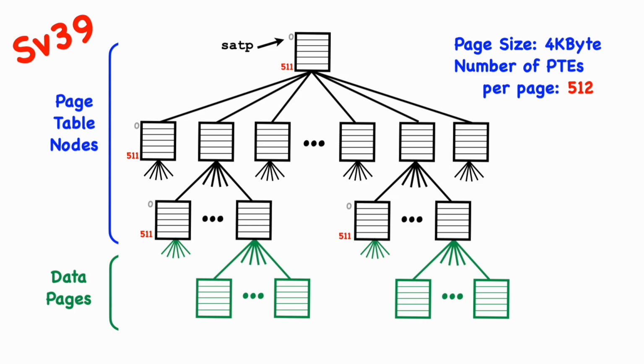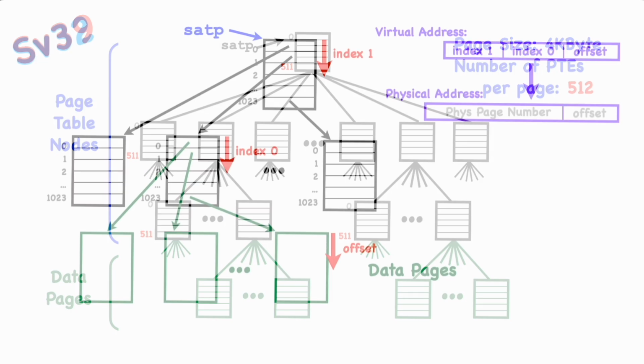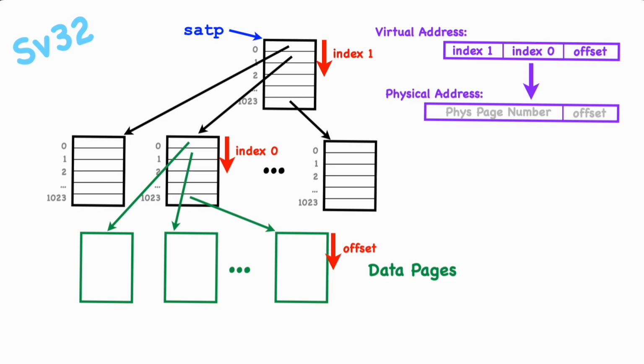Obviously, these schemes accommodate a huge number of pages. Showing every single node in a fully populated tree would of course be impossible. Instead, let's go back to the Sv32 scheme with 2-level trees and show the tree in a slightly different format.